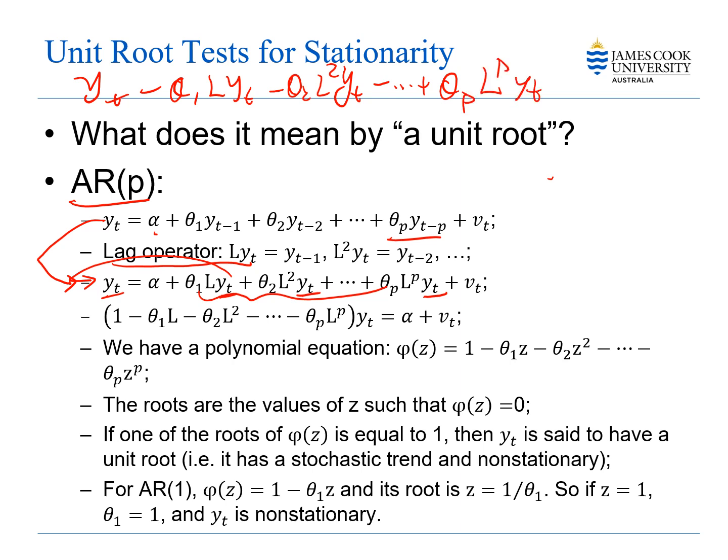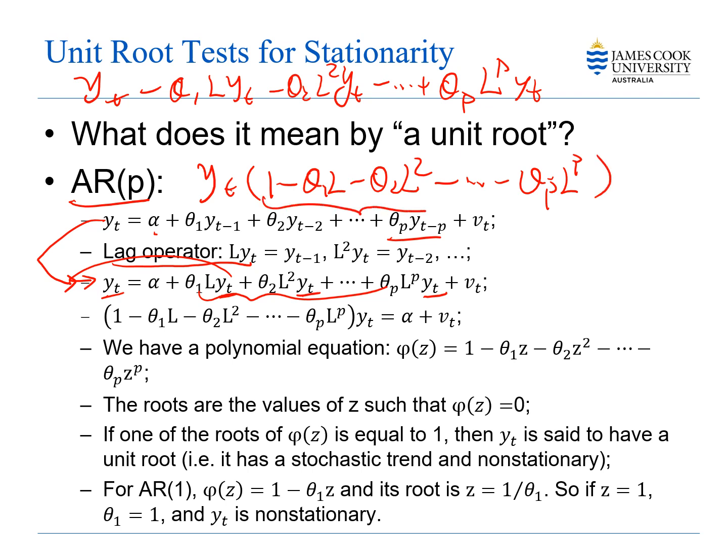So now we have y_t terms on the left hand side. This y_t common term we can pull out. So we get y_t times (1 minus theta_1 L minus theta_2 L^2 minus theta_p L^p).